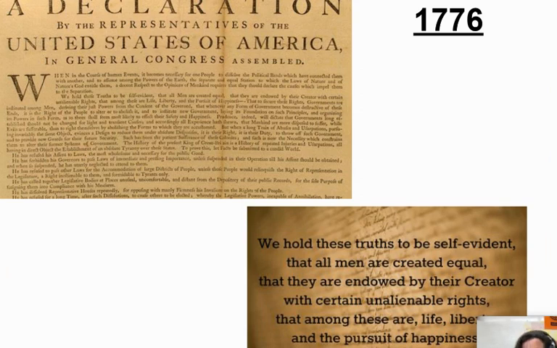The Declaration of Independence in 1776 established the United States of America, committing that the government was supposed to be one created, you know, the power to the people, that everybody is equal, that you are guaranteed life, liberty, and the pursuit of happiness. Basically, your life, your freedom, and you have opportunity.